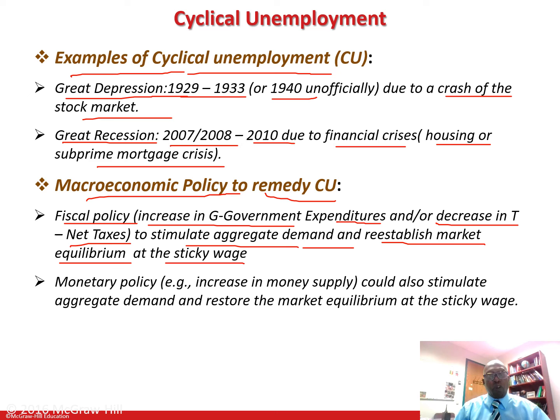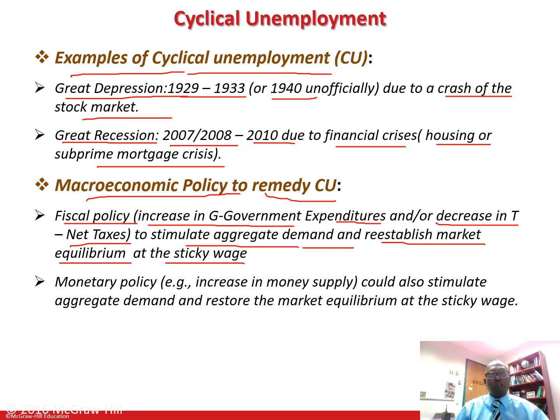Another example of fiscal policy would be a decrease in taxes, for instance, income taxes. The tax rate decreases from, let's say, 28% to 19%, and also a decrease in corporate profit taxes. So then this will also stimulate aggregate demand.